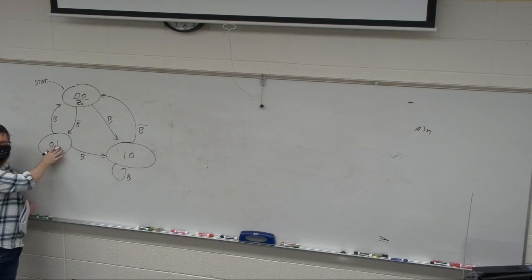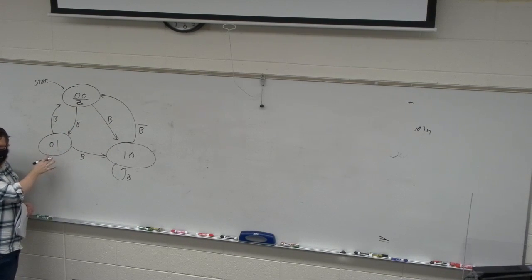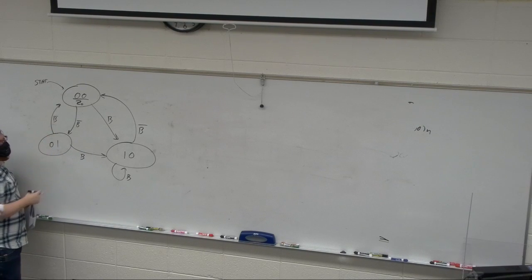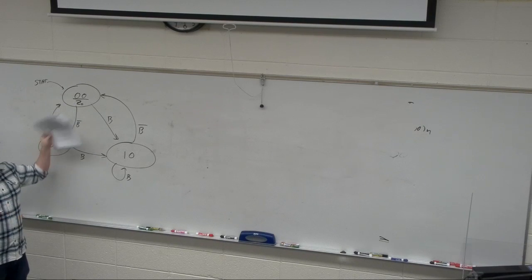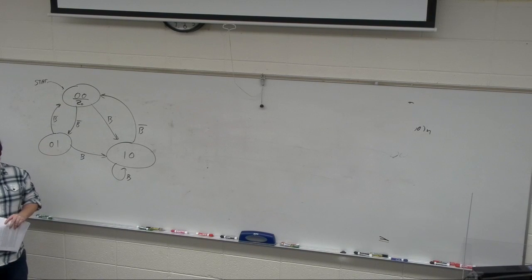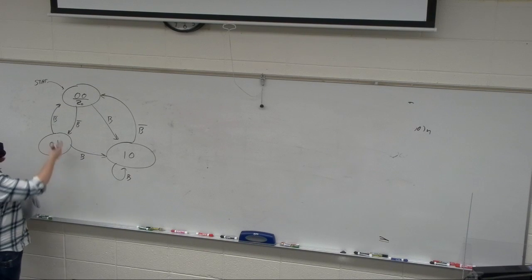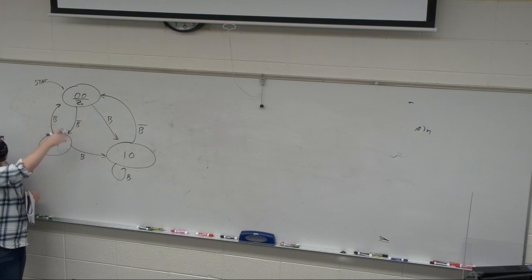I don't have to write Z0 bar in each of these states. I can, but I don't need to. It's implied. I only assert where it is. That is a Moore state machine because my output only depends upon the current state. Regardless of whether my input is B or B bar, I output Z0 in that state.